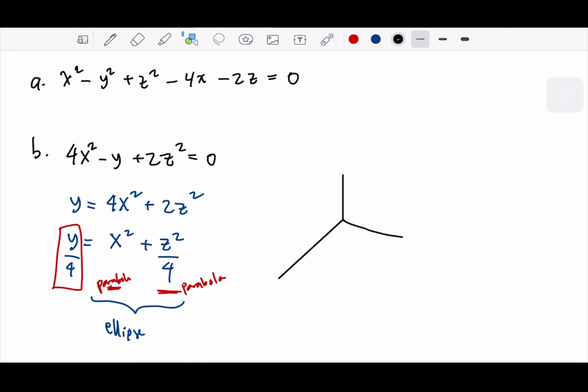Okay, let's draw this. Because y will be our axis, I will try to make the y axis a little bit longer.